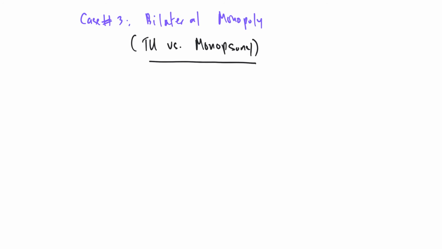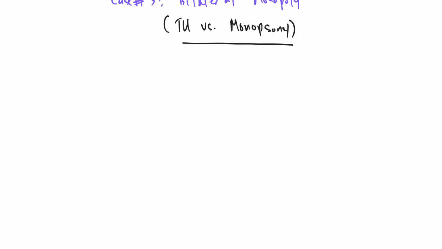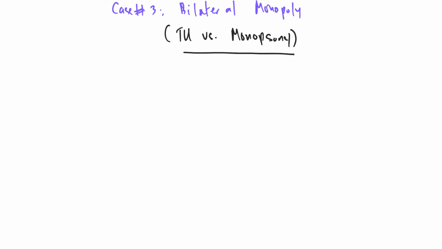So in this case, if the trade union is negotiating with the firm, and the trade union has bargaining power, then it will be able to determine the price.